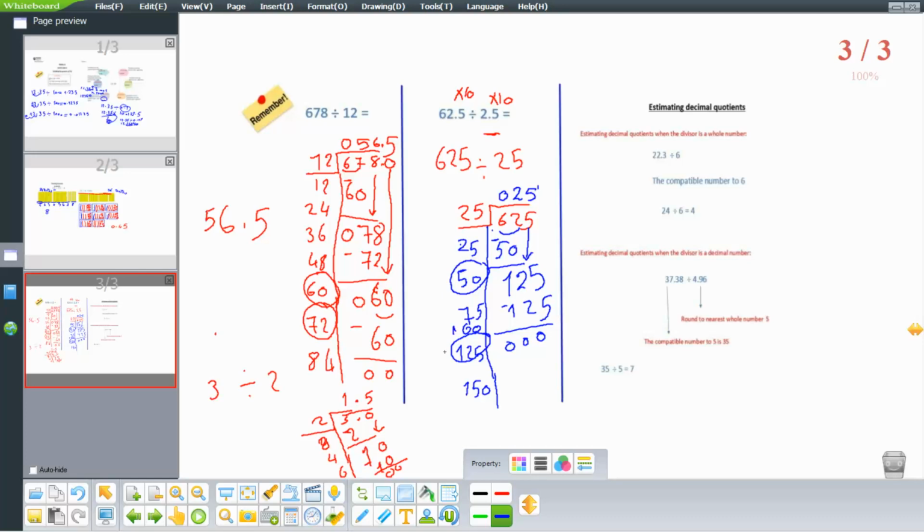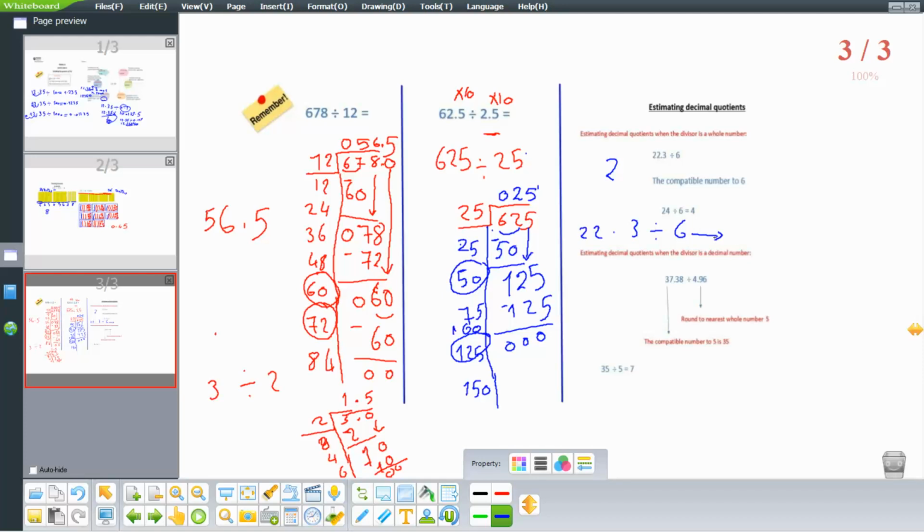Here we have estimating decimal quotients. If I want to estimate a decimal quotient when the divisor is a whole number, like this, 22.3 divided by 6, we are going to look for the compatible number to 22.3 that we can divide by 6.